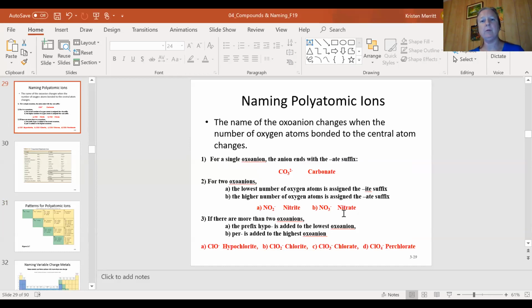And you go down, you lose 1 oxygen, it's ITE. You lose 1 more, it's hypo, ITE. If you are at ATE and you gain an oxygen, it's per ATE. So up and down the little structure.